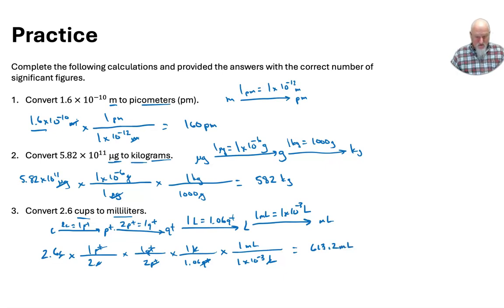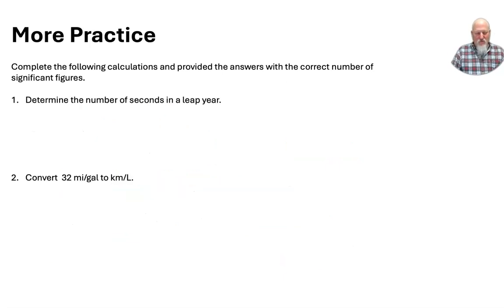Okay, 2.6 cups, 2 significant figures, so 6 and 1, so 610 milliliters. 2.6 cups is 610 milliliters. Right, one more page, 2 more practices. Take a pause, do these.